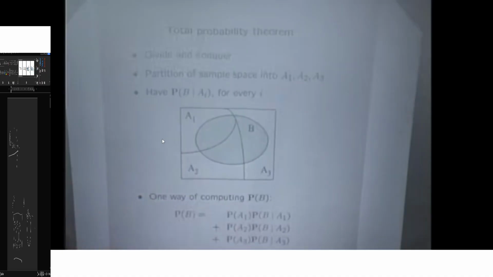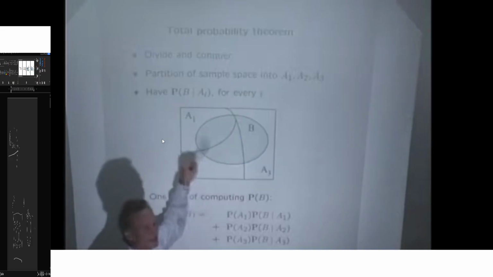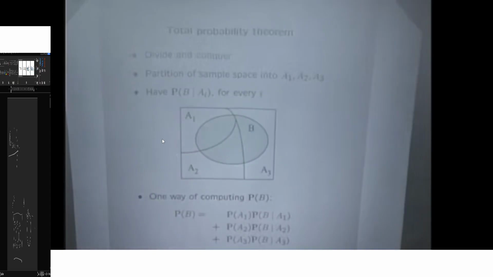So think of these as there's nothing in the air, there's an airplane in the air, or there's a flock of geese flying in the air. So there's three possible scenarios. And then there's a certain event B of interest, such as our radar records something or doesn't record something.